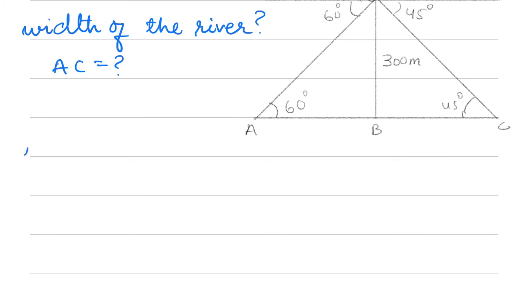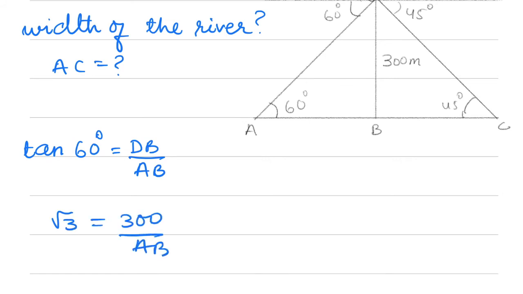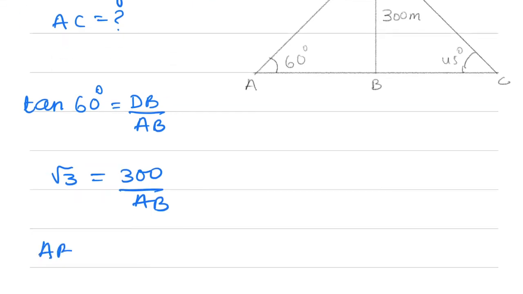So now I can say tan 60 degree is equal to dB by AB. So tan 60 degrees root 3, dB is equal to 300 and AB. So AB is equal to 300 by root 3.